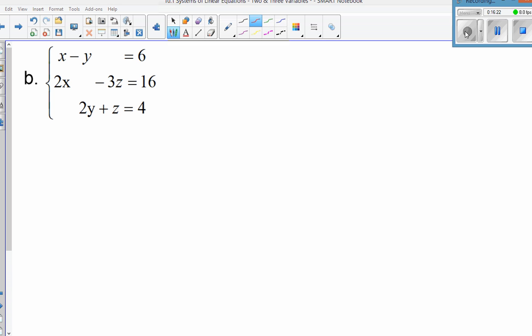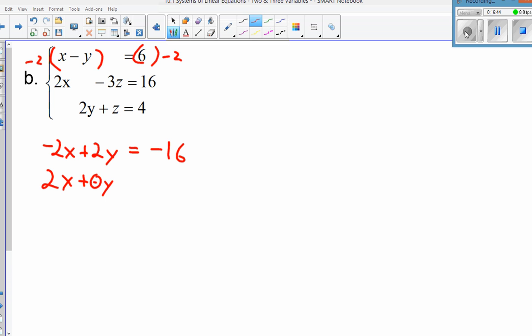So I'm just going to multiply this one and this one by negative 2, and I'm going to get negative 2x plus 2y equals negative 12, and I'm going to get 2x, and I don't have any y, so sometimes it's nice to put a plus 0y there, and then I get a minus 3z is equal to 16.